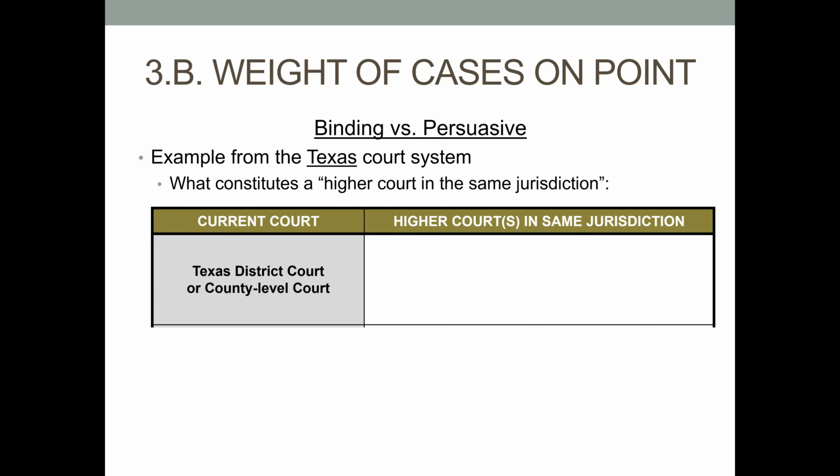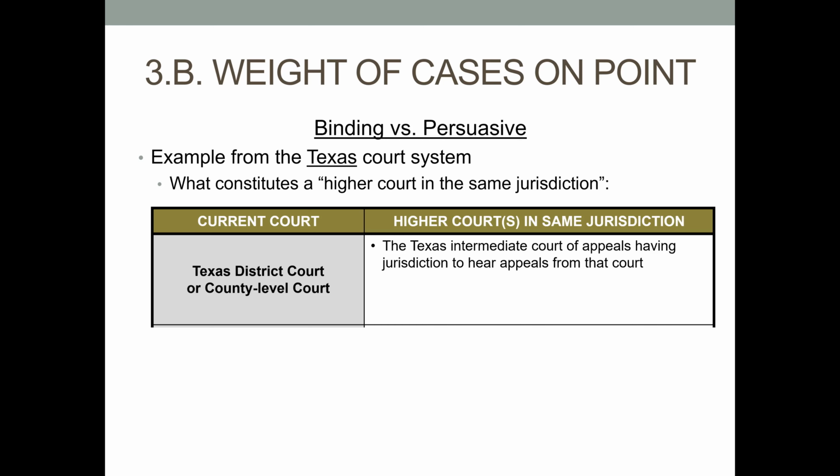So if your client is in a Texas district court that is a state level, not U.S. federal court, or a county level court, such as a county court at law, statutory probate court, and so forth, then the higher courts in the same jurisdiction would be first the Texas Intermediate Court of Appeals that would have jurisdiction to hear the appeals from that particular trial court.